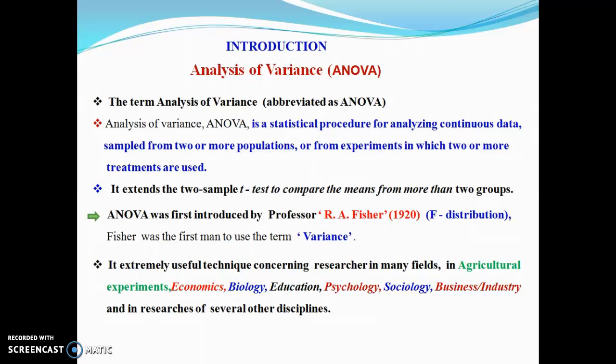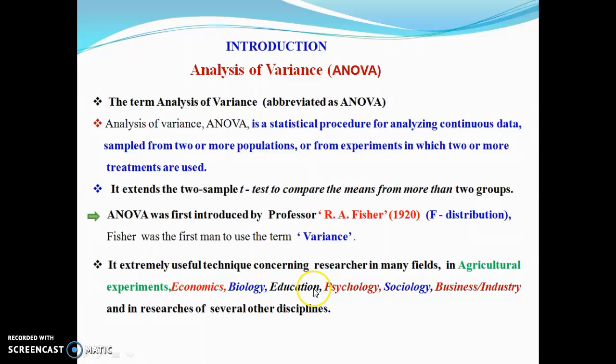If you take a biological or medical example, the differences in various types of drugs manufactured by a company to cure a particular disease may be studied through this technique. So these are examples of using analysis of variance or ANOVA.